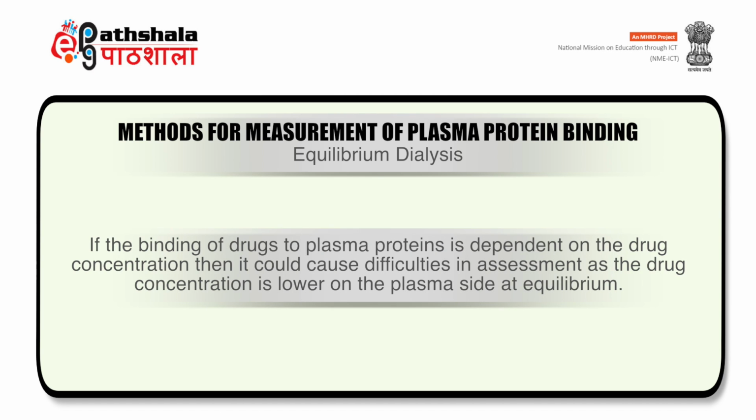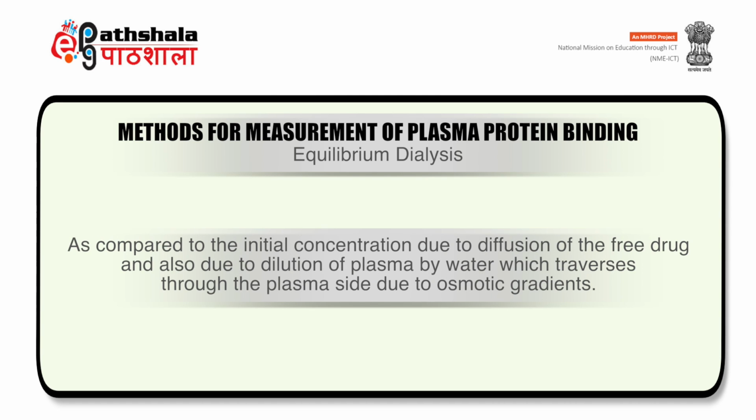If the binding of drugs to the plasma protein is dependent on the drug concentration, then it could cause difficulties in assessment, as the drug concentration is lower on the plasma side at equilibrium as compared to the initial concentration, due to diffusion of the free drug and also due to dilution of plasma by water, which traverses through the plasma side due to osmotic gradients.